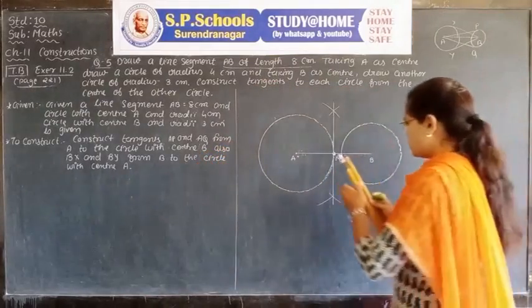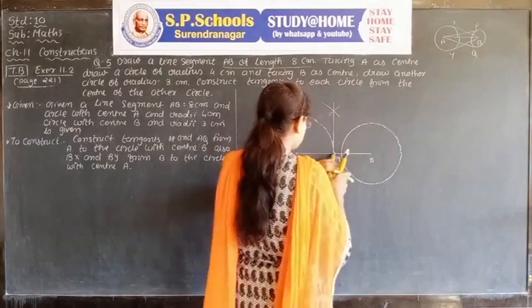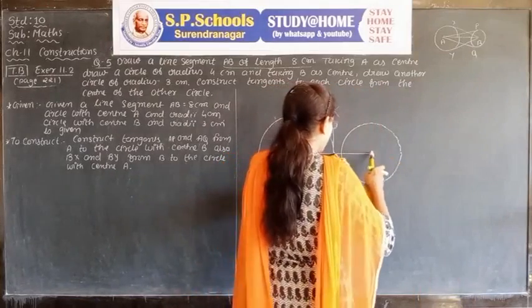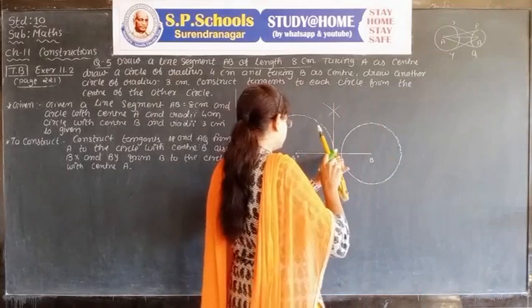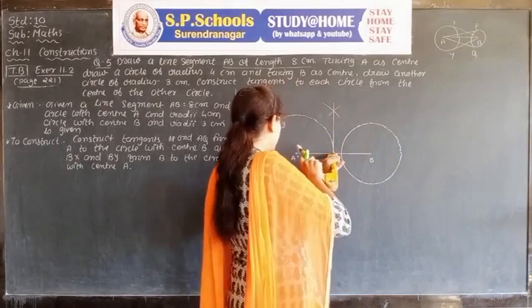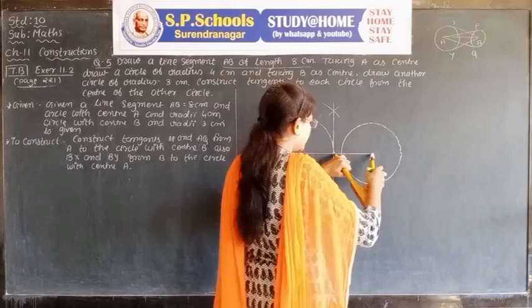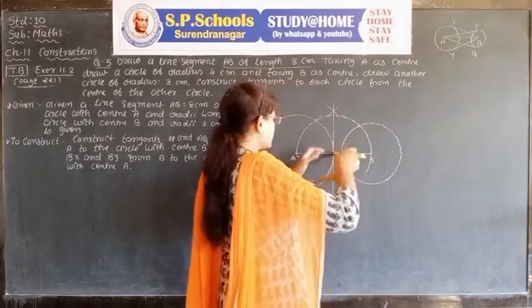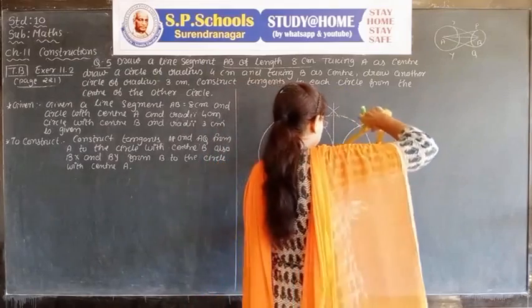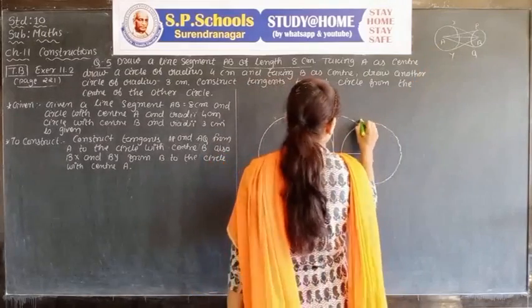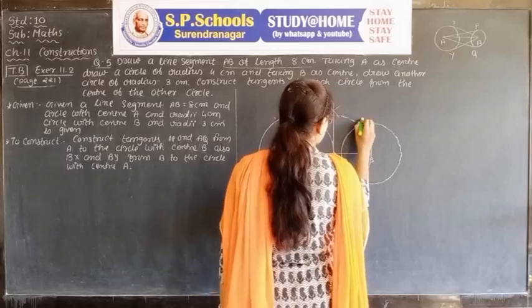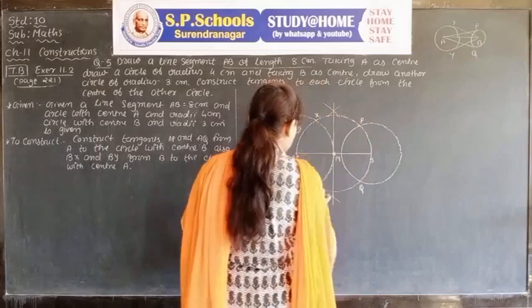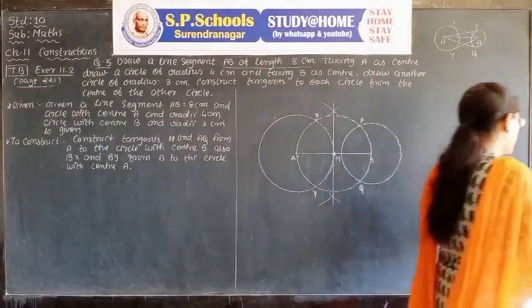Now taking M as a center and MB or MA as a radius, both are equal, draw one circle which intersects both the previous circles. See the names here: P, Q, X, Y. Now we join them.